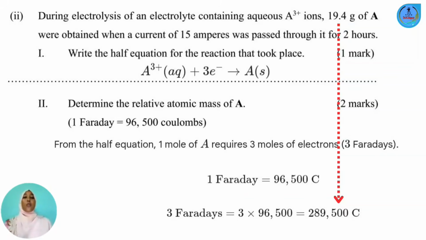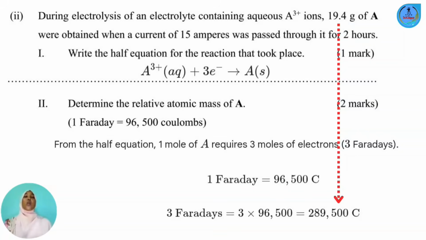So if we want to find the charge that was used to get 19.4 grams of A, we are going to use the formula charge is given by IT. Sorry for that, I forgot to include it here. So charge is given by IT, I being current, T being time in seconds.